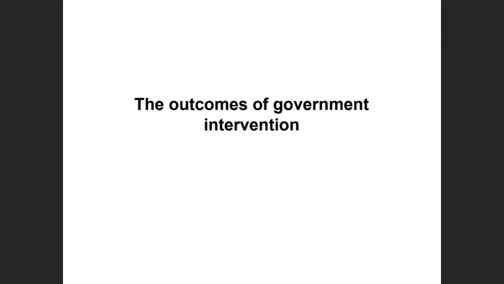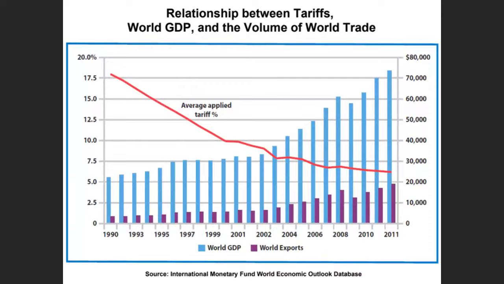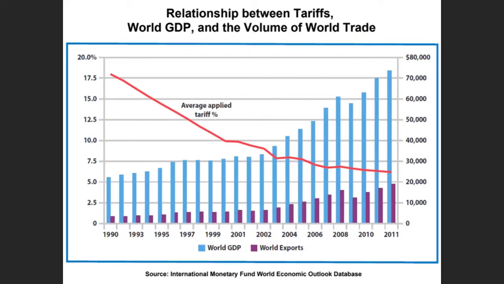Right, so what are the outcomes of government intervention? One way to evaluate the consequence of government intervention is to examine, let's have a look before we go through this figure. What I'm showing you now is a figure that illustrates the relationships between tariffs, world GDP, and the volume of world trade measured by world export. The vertical axis on the left-hand side represents tariff in percentage, and the axis on the right-hand side represents the value of export in US dollars.